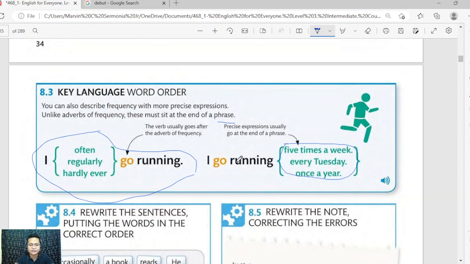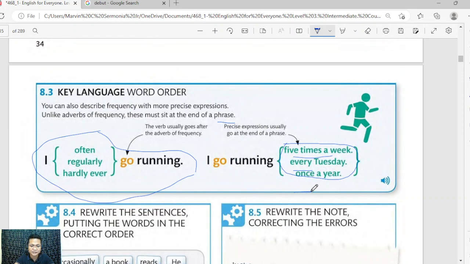Now, what's the difference between the two? You can probably say I go running. I often go running. But why do you need to say I go running 5 times a week? If you want to be more precise and more specific, using phrases is more appropriate.